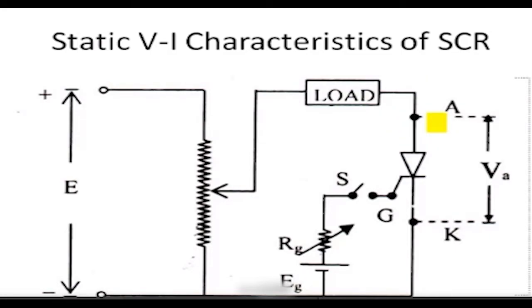That's why it is given the arrow symbol, like the diode. Can a reverse current pass through the diode? Can a high value of current pass from cathode to anode? No. Similarly, in the case of SCR also, current cannot pass from cathode to anode.